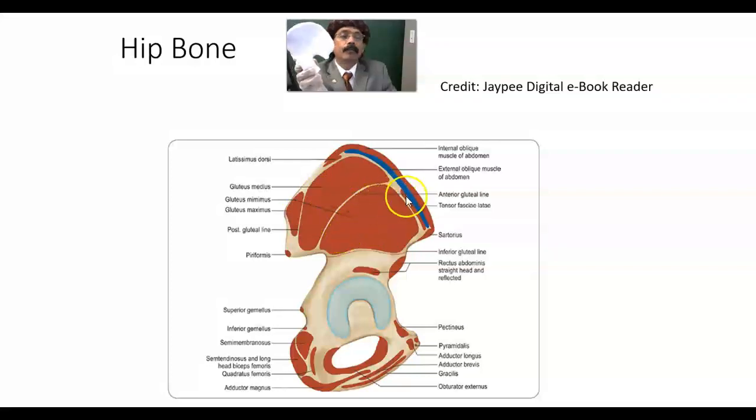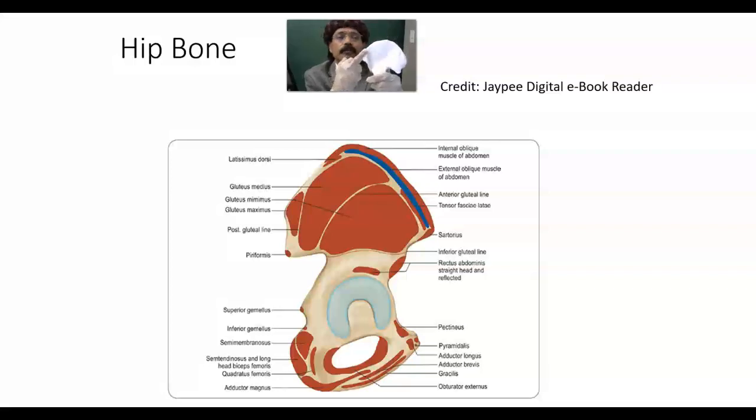Okay, if we go again to the iliac crest, it has an outer lip, inner lip, and the intermediate area. And we have the iliac tubercle around 5 cm behind the anterior superior spine.